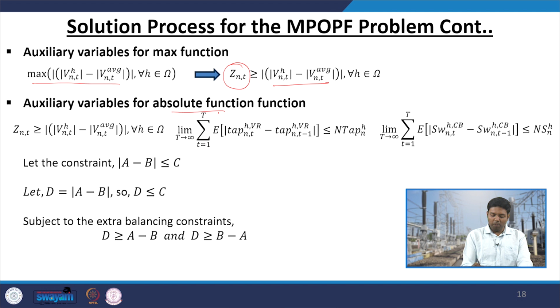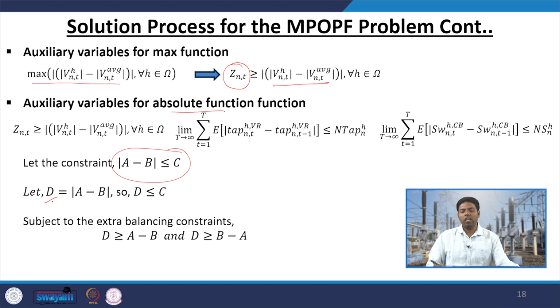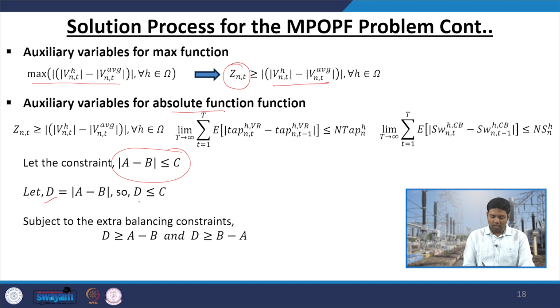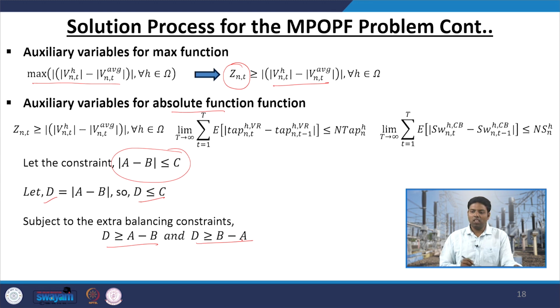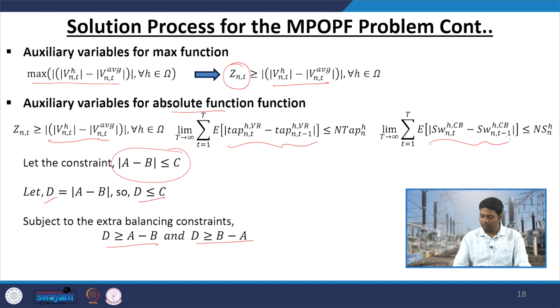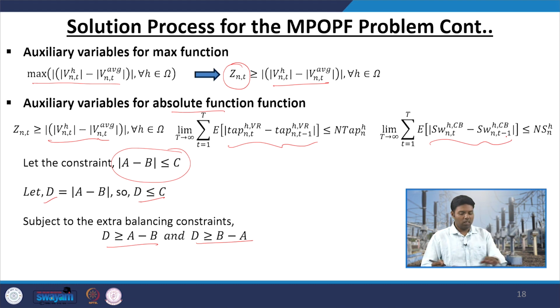For the absolute value as well, if mod of a minus b is less than or equal to c is your constraint, then you can define an auxiliary variable d which will be less than or equal to c, but greater than or equal to a minus b and also b minus a. So, all the conditions the d value will satisfy your mod value. So, we will replace that in these expressions and make them linear.